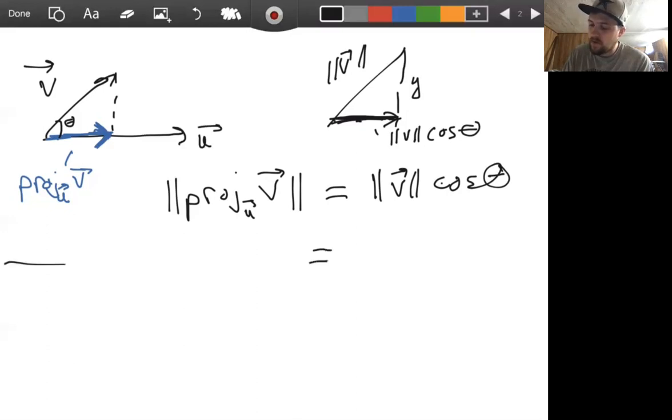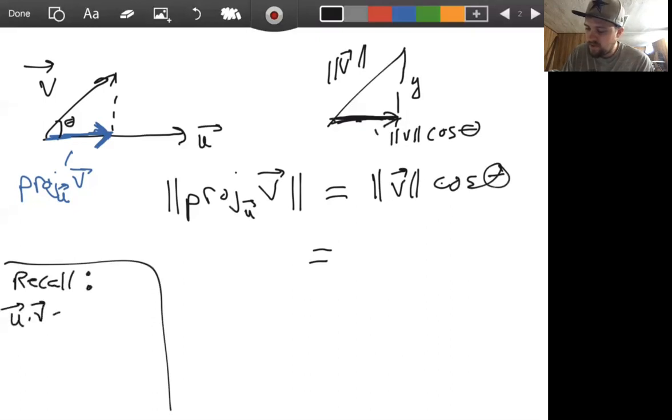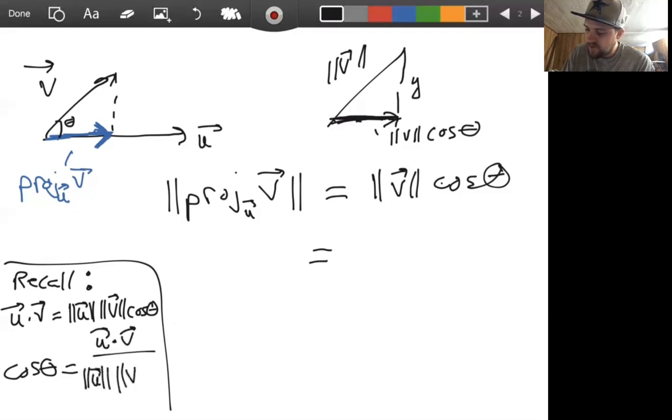And if you remember, let's recall that the dot product, u dot v, is defined to be the magnitude of u times the magnitude of v times cosine theta. That means we can write cosine theta as u dot v over magnitude of u times magnitude of v.